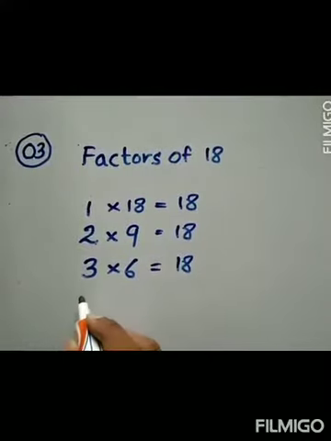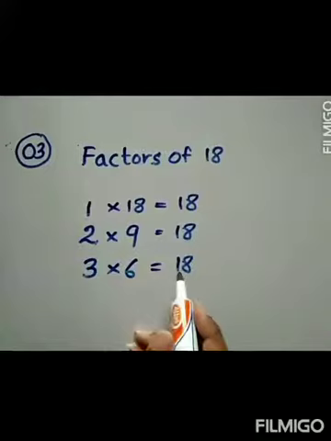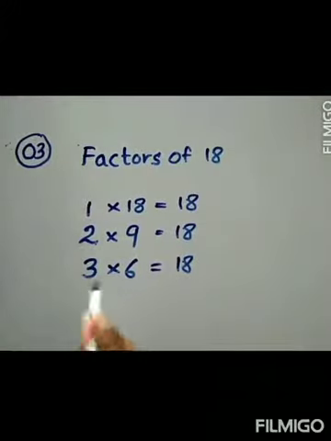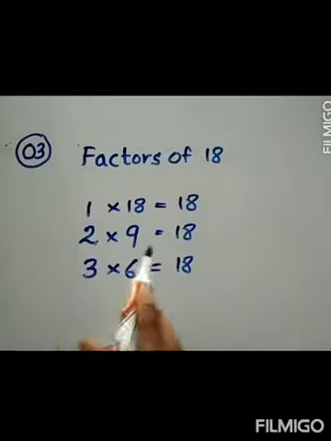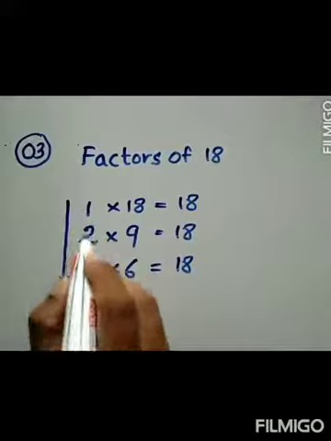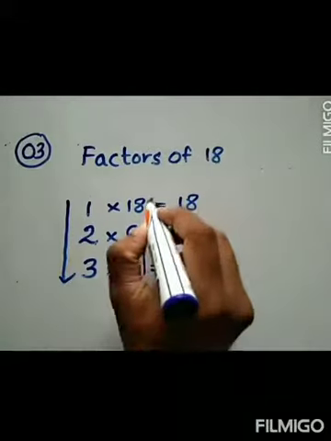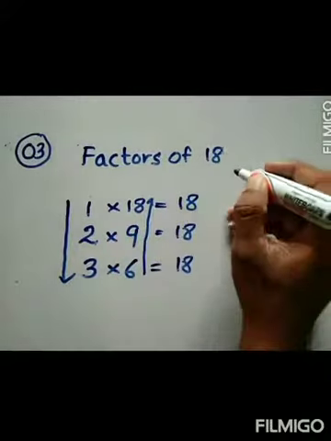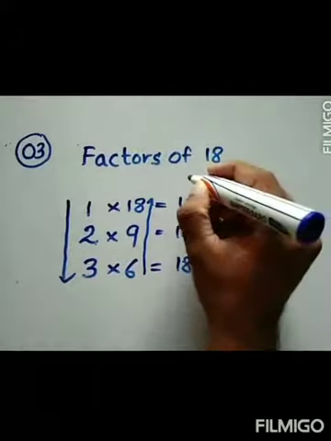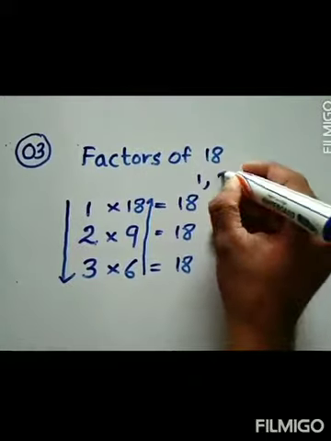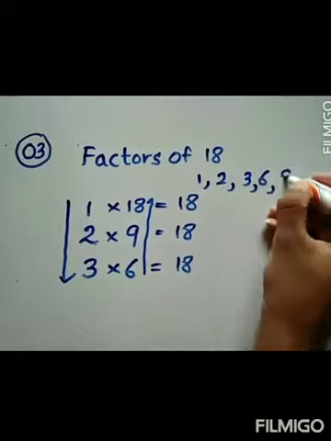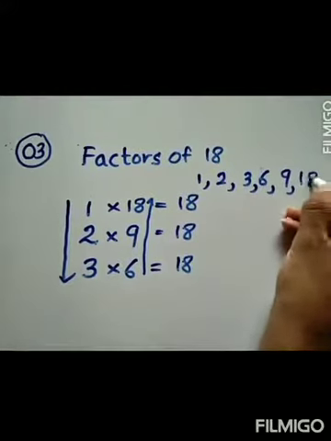If you consider 4, there's no multiple of 4 which makes 18. Then 5, no, only these 3 pairs you will get the answer 18. Therefore, you have to write the answer like this. The factors of 18 are 1, 2, 3, 6, 9, 18.